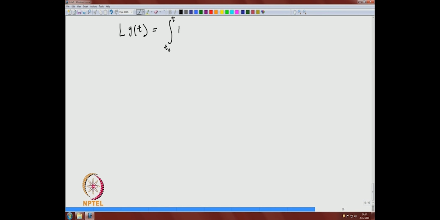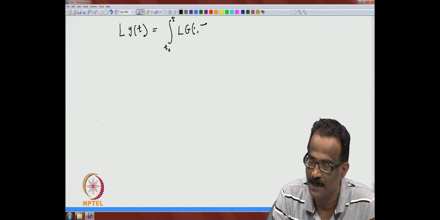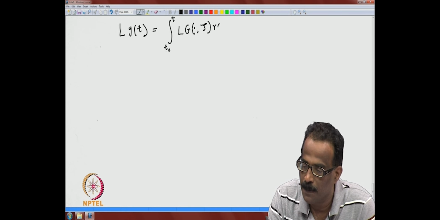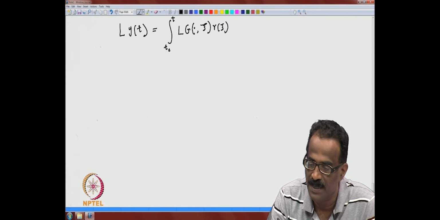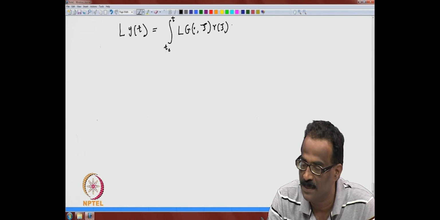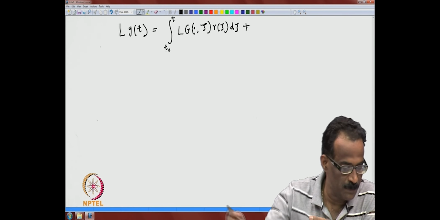So, you will have L of g, the corresponding L of g, of course with respect to the first variable. The second variable psi is nothing but an integration parameter, but the differential operator is with respect to the first variable, not the other one, r psi d psi, plus you will have a few terms here.